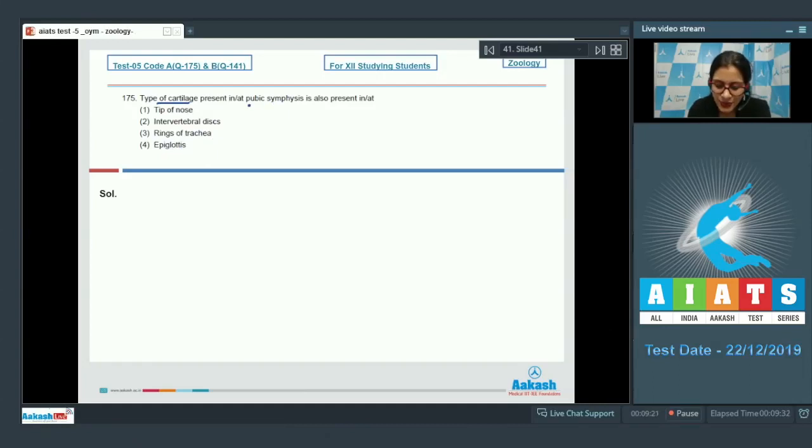Type of cartilage present in pubic symphysis is white fibrous cartilage, which is also present in intervertebral discs. So the correct answer to this question is option number 2. Let's discuss rest of the options.